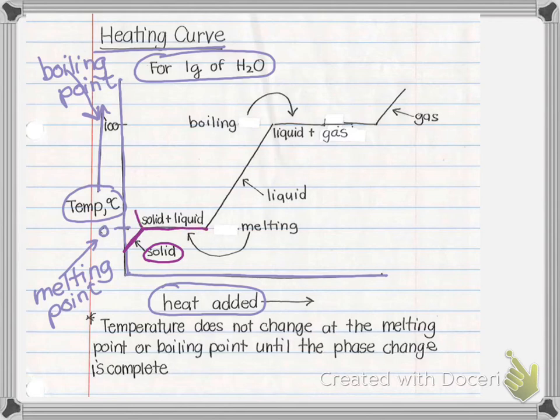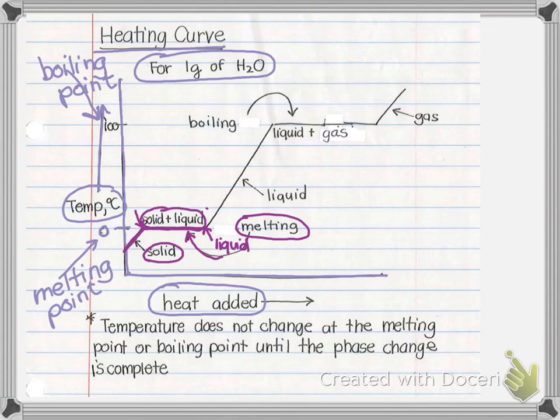So you start right here as a solid, but if you're at the melting point and you're adding heat, eventually you're going to turn into a liquid. By the time you get to this part of the line, you're a liquid. So all along this line, what's happening is melting. And you have this plateau, and in between, you would have both solid and liquid.